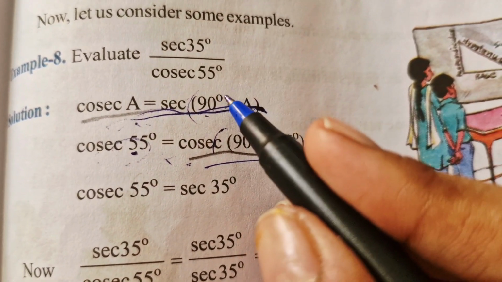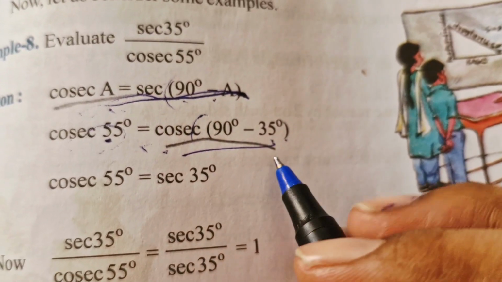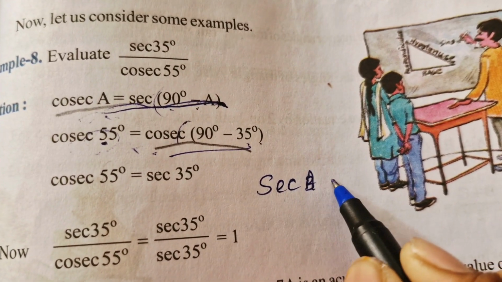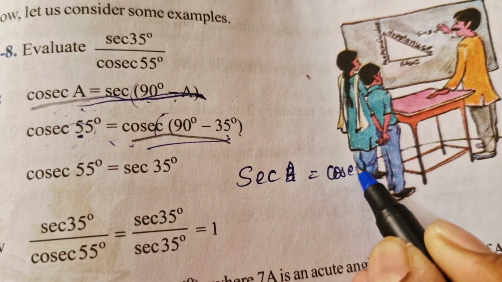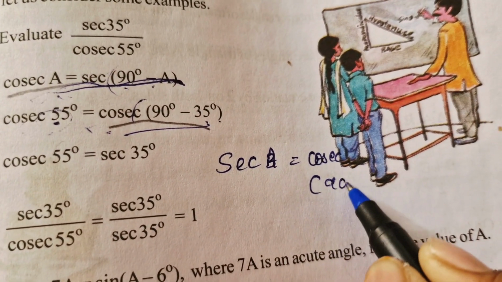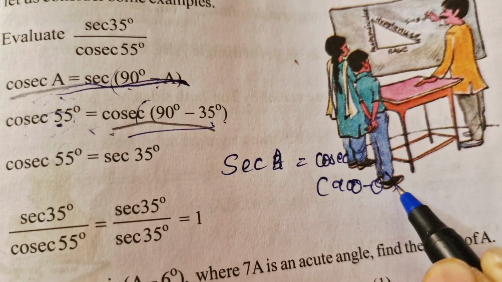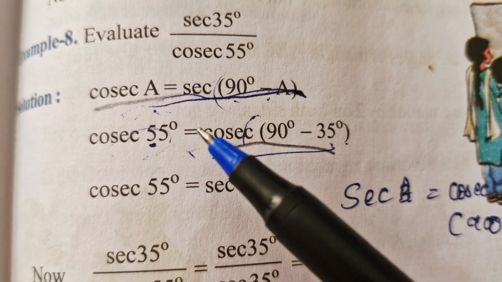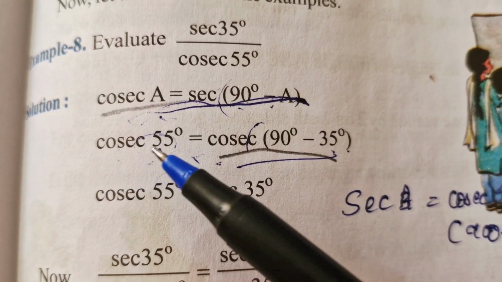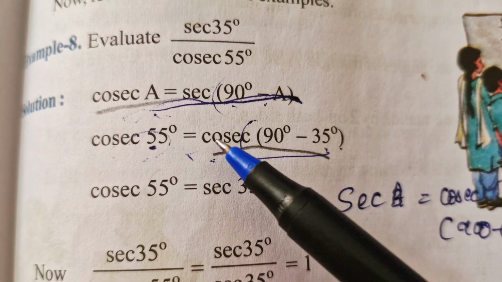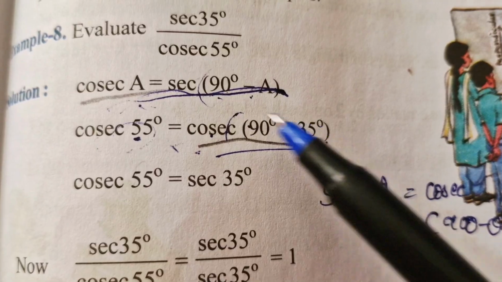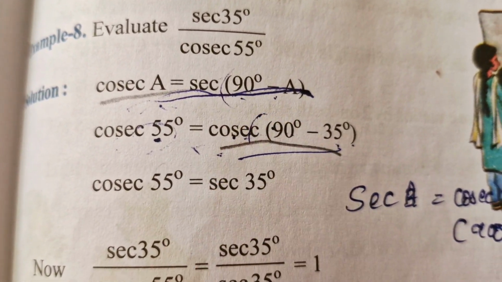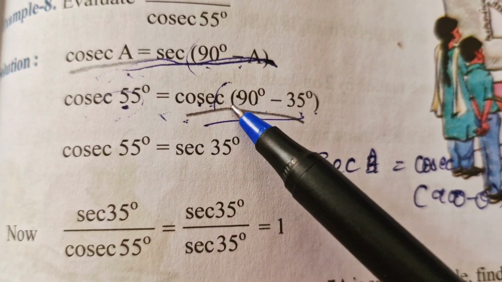We have to substitute this secant, wait, let me show you. Secant A is equal to cosecant of 90 minus theta. Look at this. Cosecant 55 is equal to secant 90 minus 35. We can write it like this, or we can simply use the identity.